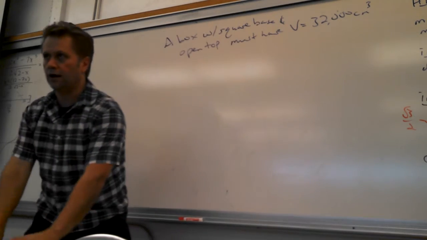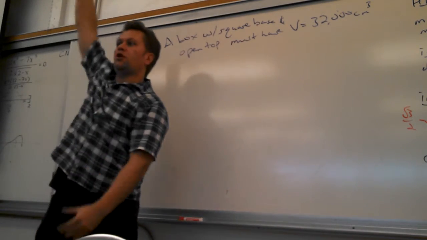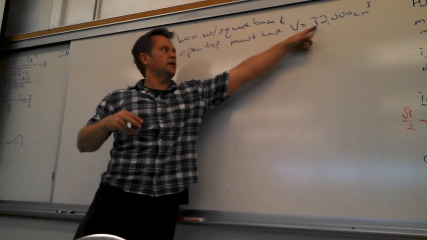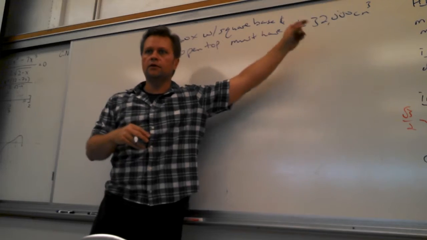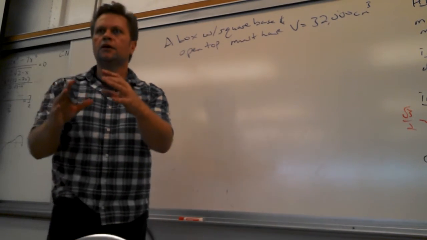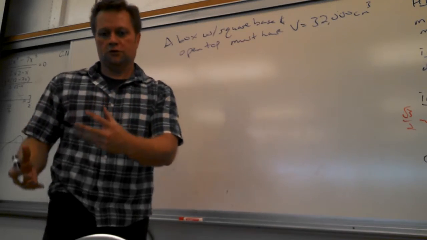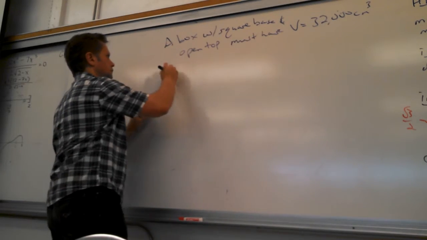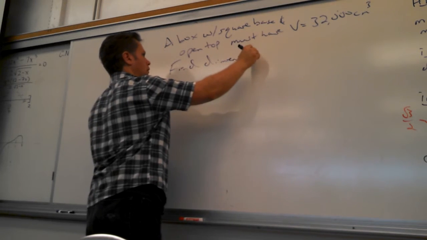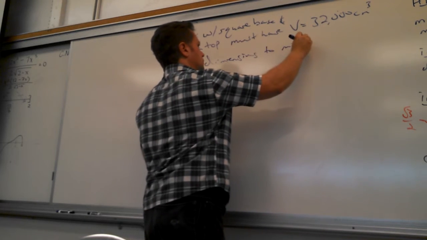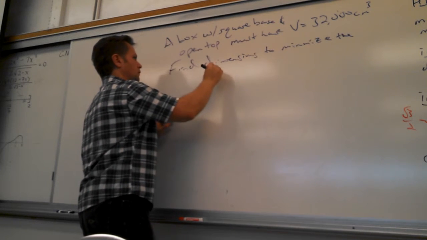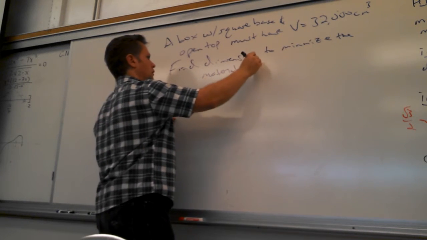So you can have a short box that's really wide, or a really tall box that's really skinny, or something in the middle. So there's an infinite number of ways to have this happen. But I want the way that's going to minimize the amount of material I use. Find the dimensions of the perfect box to minimize the material used.